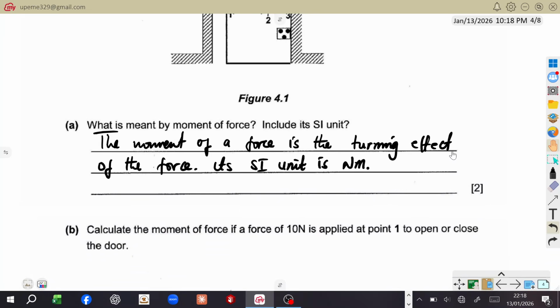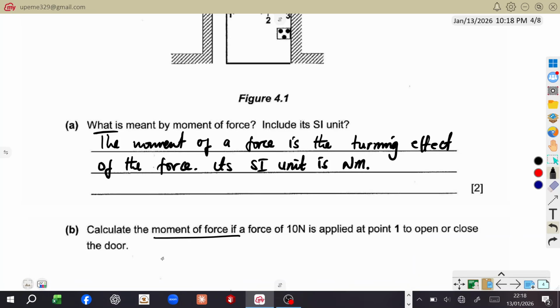The other question says calculate the moment of force if a force of 10 Newton is applied at point 1 to open or close the door. So they are saying you just calculate the moment there.